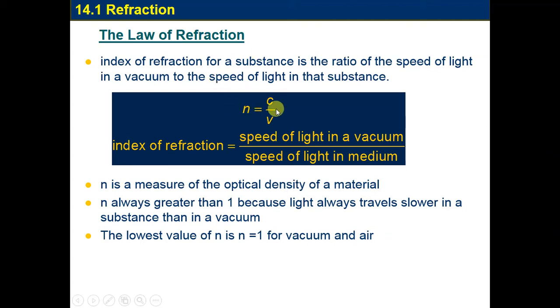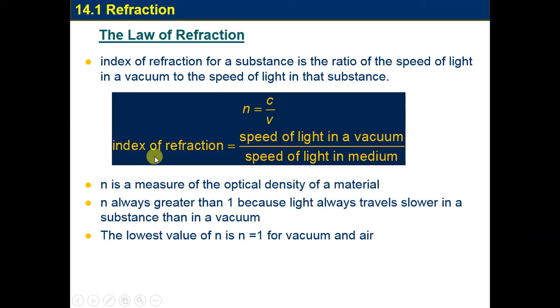Why? Because in a more dense material, such as glass, and we know that glass is more dense than water, when the light enters glass, it will refract, it will bend, it will slow down more than in water. So when the density is more, N, the measure of optical density, is more.